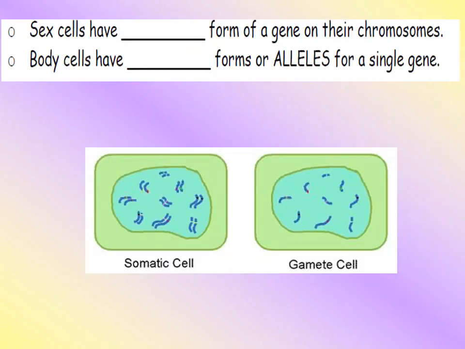He also deduced that the number of alleles an organism has is determined by what kind of cell they are. So if you're a sex cell, an egg or a sperm, you only get 1 copy of an allele, 1 form of a gene in your chromosomes. If you're a body cell, then you have 2 forms or alleles for a single gene. So there's other words we can use for this.